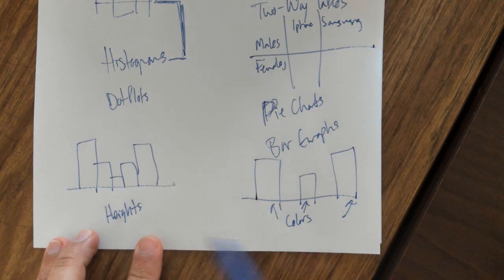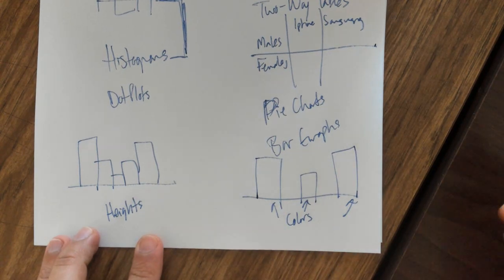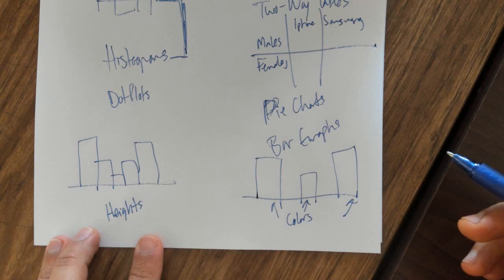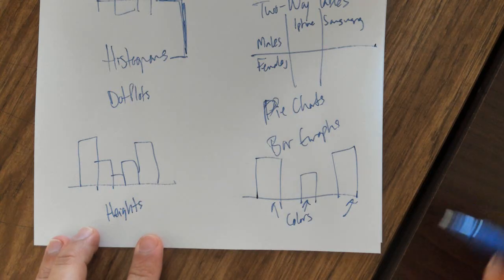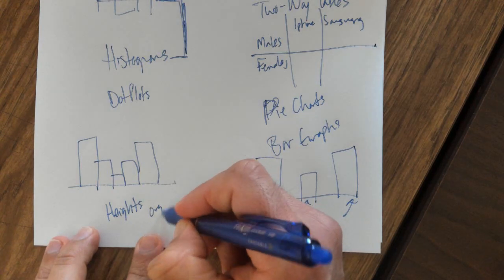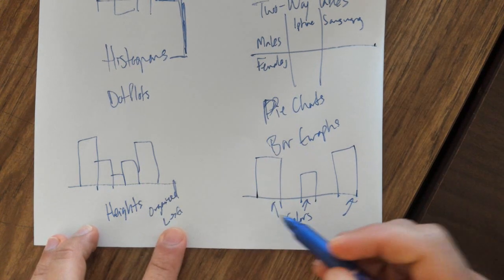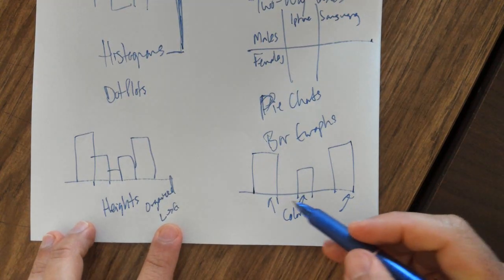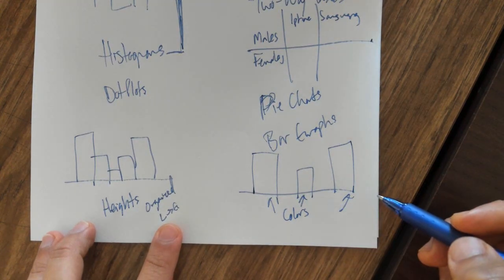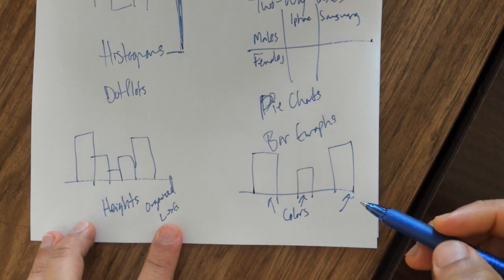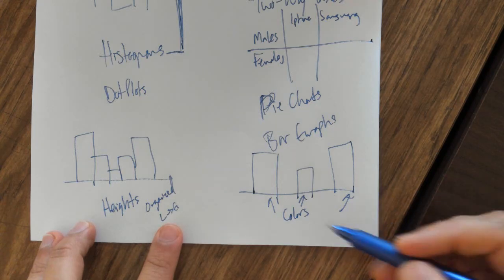And there's different ways of describing those two, right, depending on the variable. And we'll get into some of those descriptions. This one is organized from least to greatest. There's no way to organize this from least to greatest. You can't do blue goes first and then purple; there's no order in that.